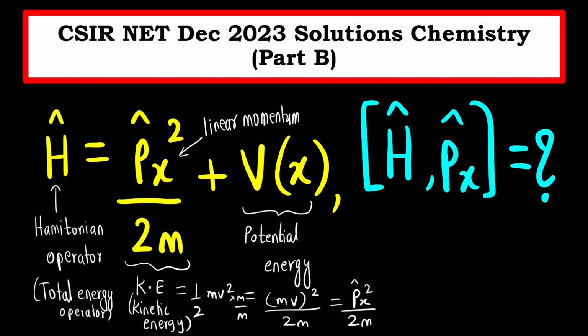Next, what we have to find out is the commutation value. This square bracket means we have to calculate the commutation value between H, the total energy operator or Hamiltonian, and the linear momentum. So let us calculate H cap, Px cap. Here there is a comma.